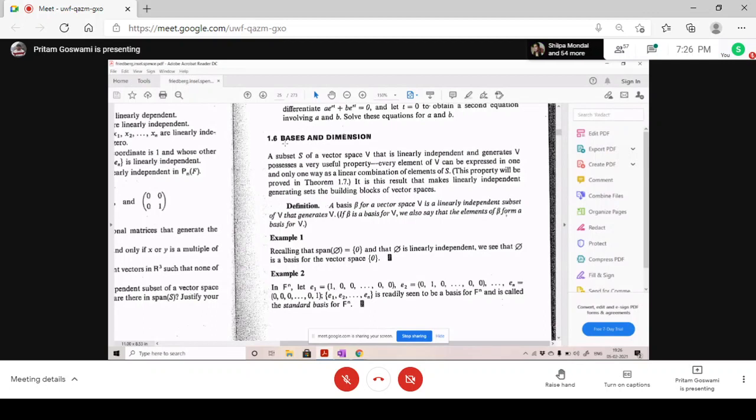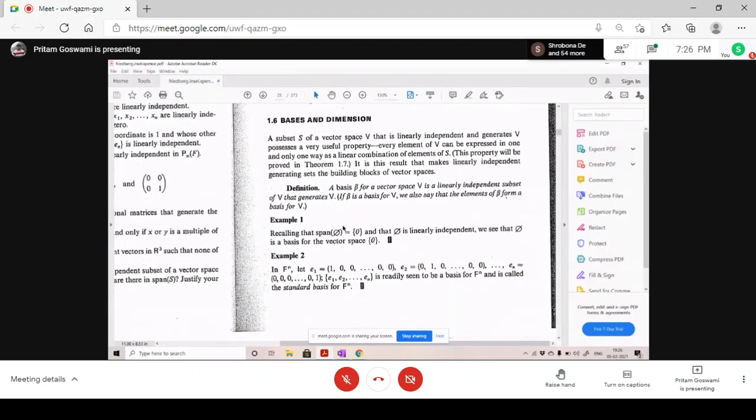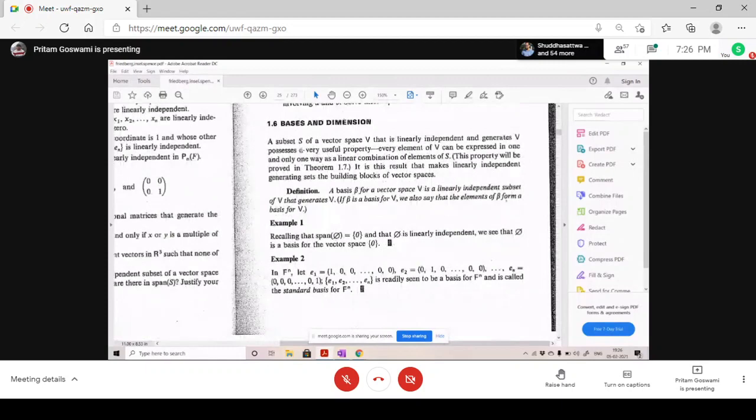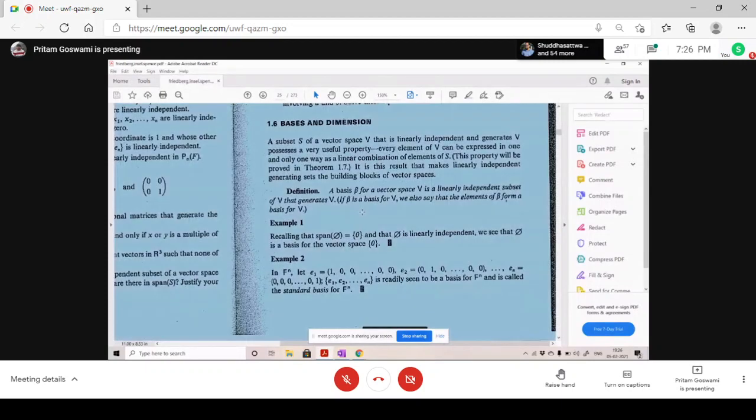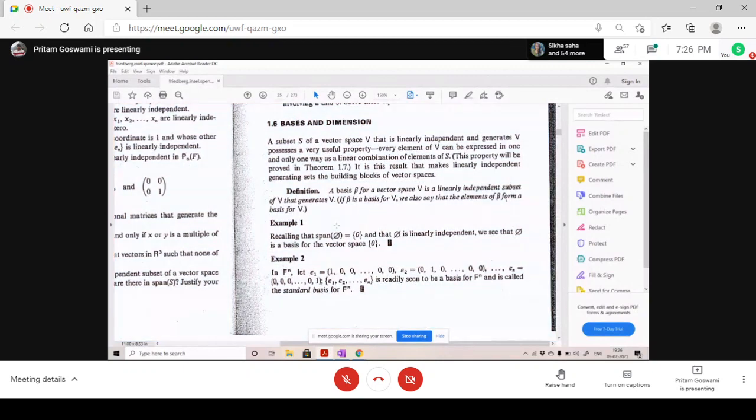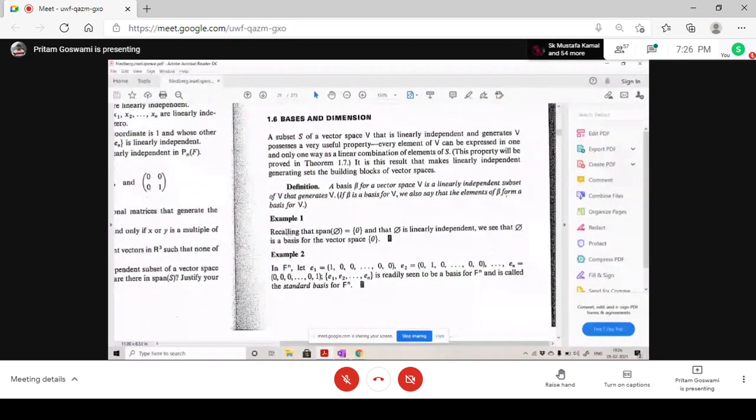We just say bases because it's the plural form of basis. A basis is not unique for a vector space. I'm coming to that; there is a theoretical proof for that also. For example, if you give me the null vector space, the span of the empty set phi is 0, so phi is linearly independent.